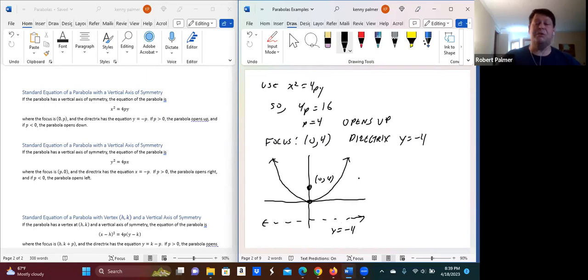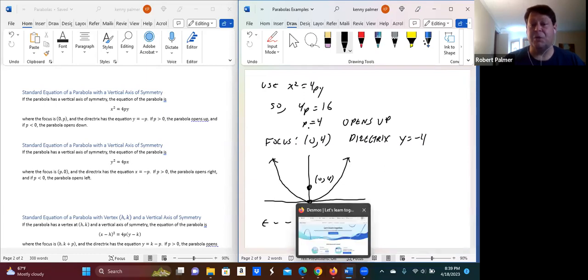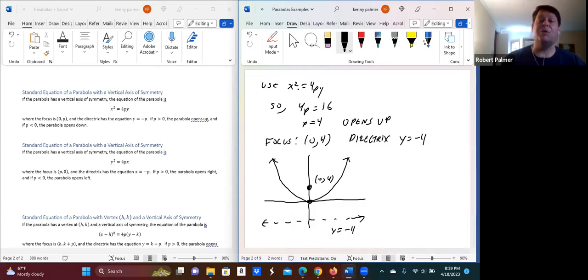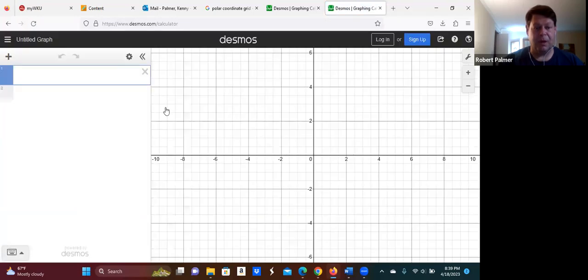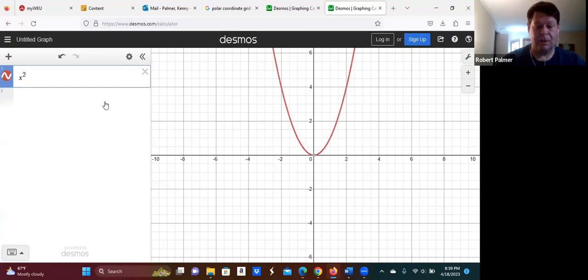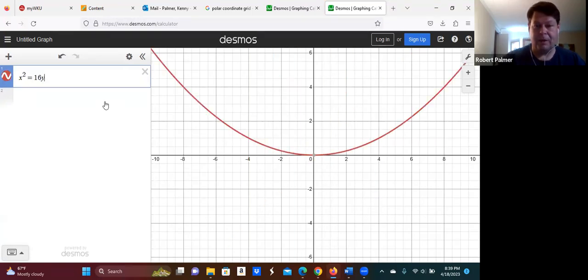Now we can also use Desmos to graph this and make sure that's right. Desmos can actually graph it just like this. If you want to use your graphing calculator, you have to solve for y and graph it that way. Let's look at Desmos. We can enter x squared equals 16y.